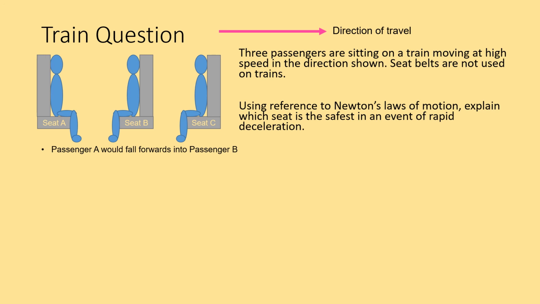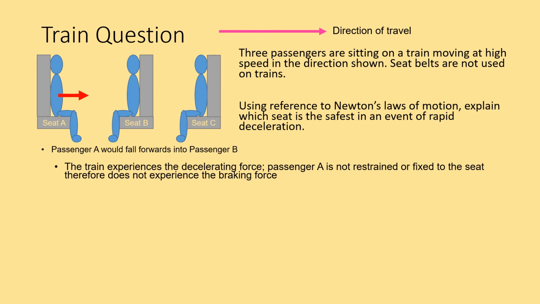He has the apparent appearance of rest, but if that train all of a sudden decelerates without a resultant force acting on him, he will carry on moving at the same speed as the train until he hits another object, in this case passenger in seat B. So off he goes. The train experiences the decelerating force, passenger A is not restrained, so he's going to carry forward. He doesn't experience the braking force.